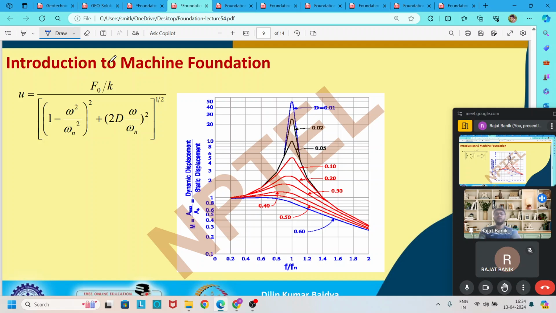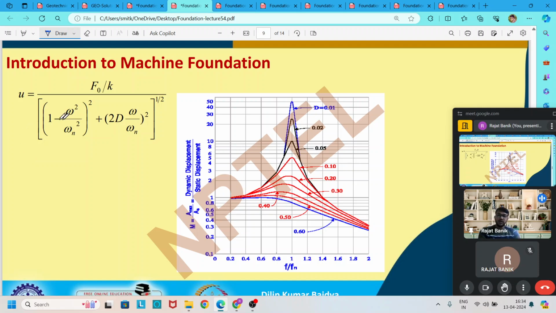Now, after solving for constant force vibration, we get the displacement amplitude equal to F naught by k, divided by the whole of [1 minus (omega by omega n) squared] whole squared plus [2d omega by omega n] whole squared, the whole to the power half.